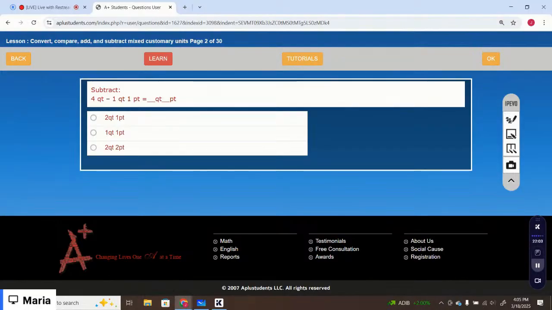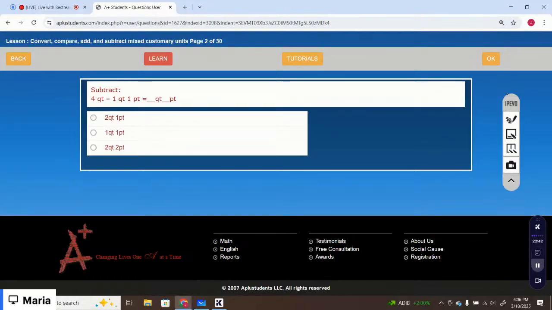Option number 2 is the correct option. 4 qt minus 1 qt 1 pt. Okay, you have 4 quarts minus 1 quart, 1 pint.